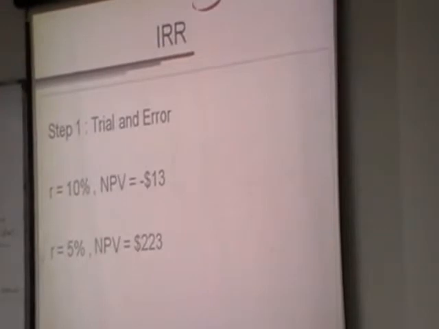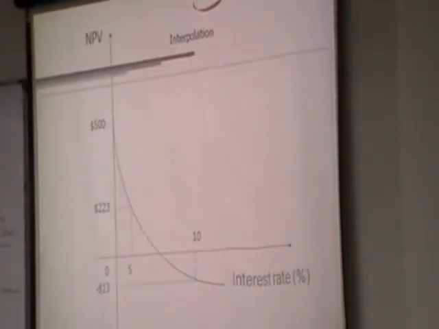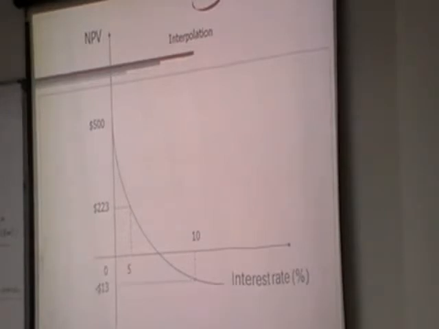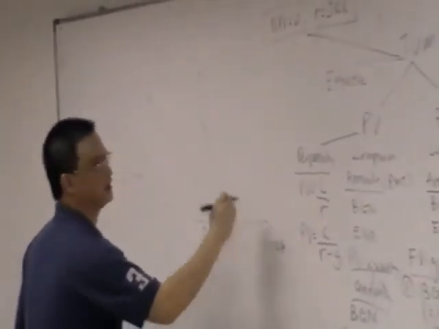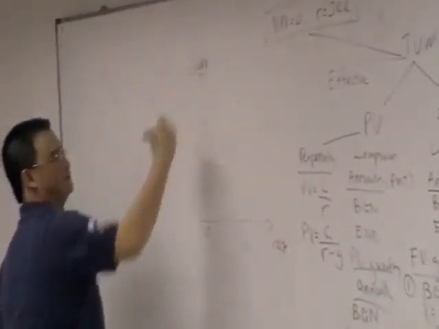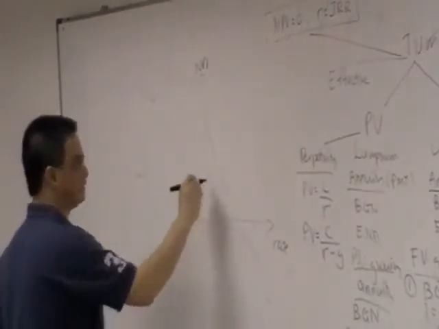This is step 1. Step 2 is interpolation. Now, how do we calculate this one? Just listen very carefully. Don't worry, the exam won't ask, but it is one of the sample questions in this module 1. I don't think they will ask, but it is a headache question.